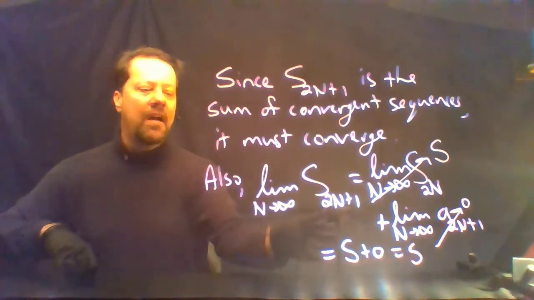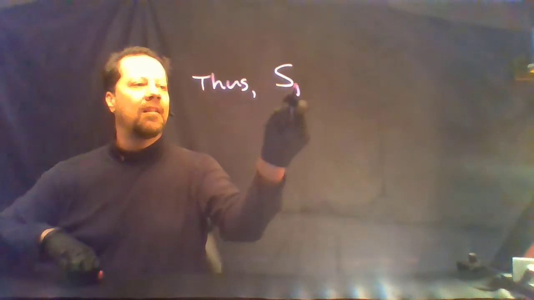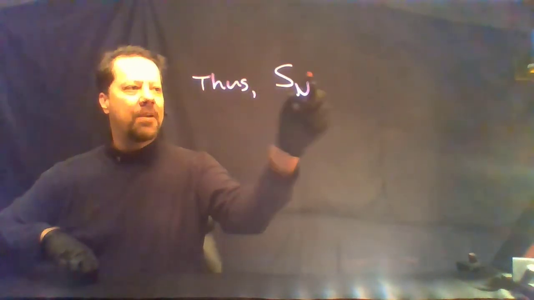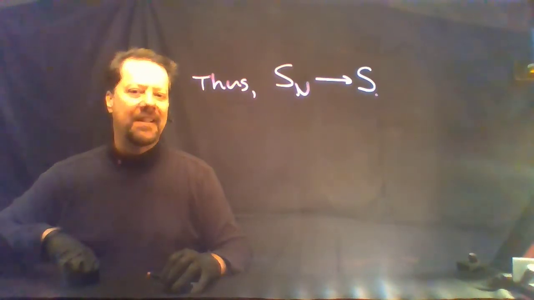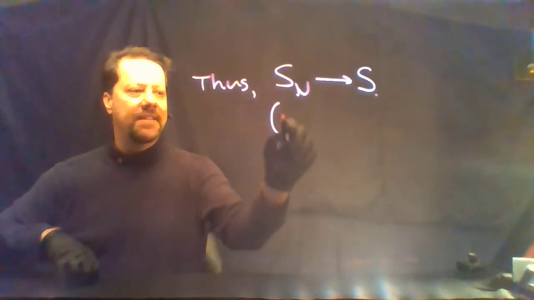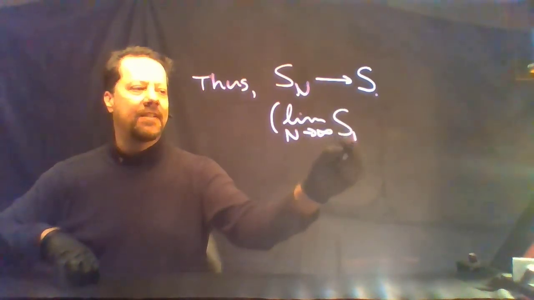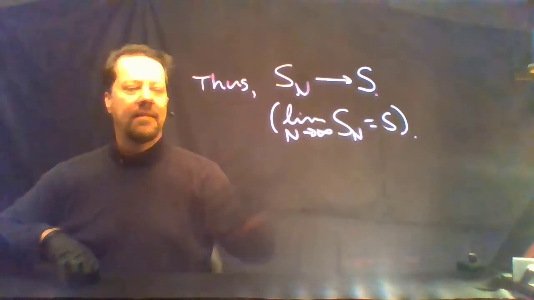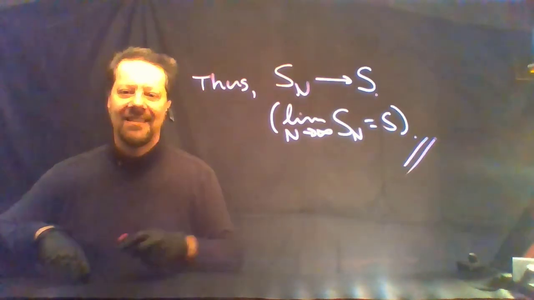So the odd terms go to the same limit as the even terms. It follows that the nth partial sums generally tend to the same limit s. By this I mean the limit as n goes to infinity of s of n equals s. And that is the end of the proof.